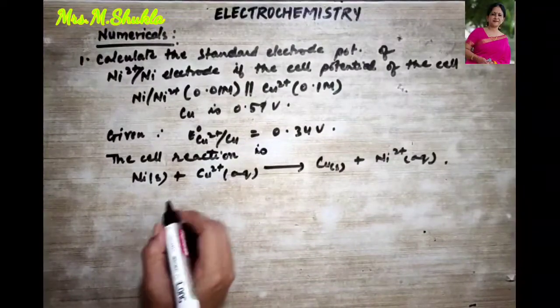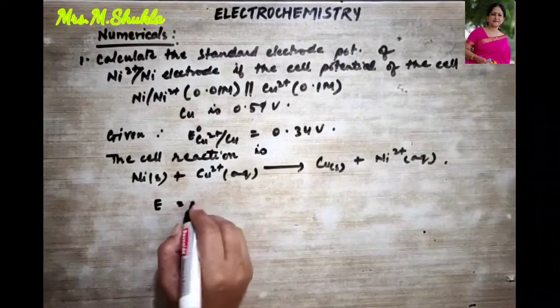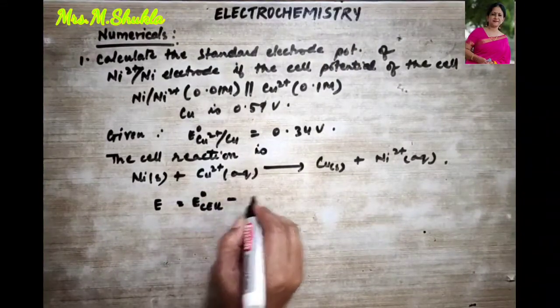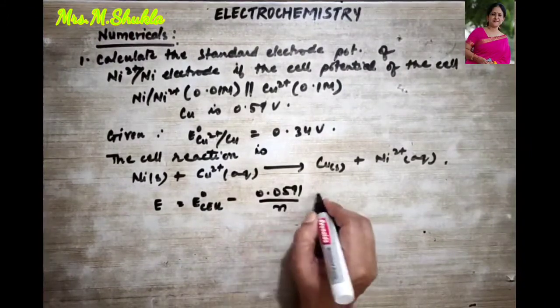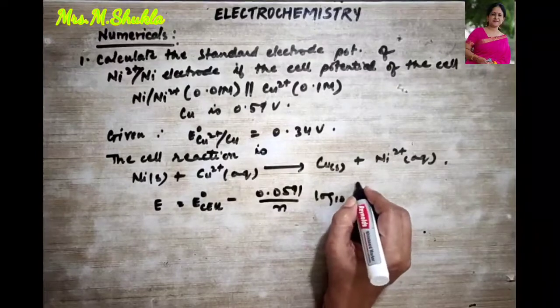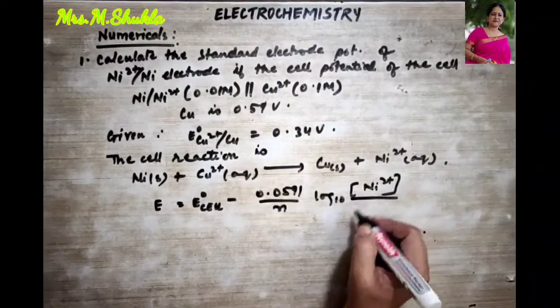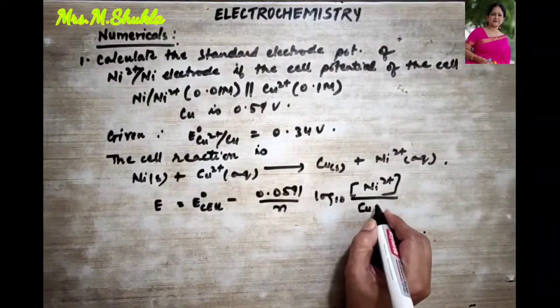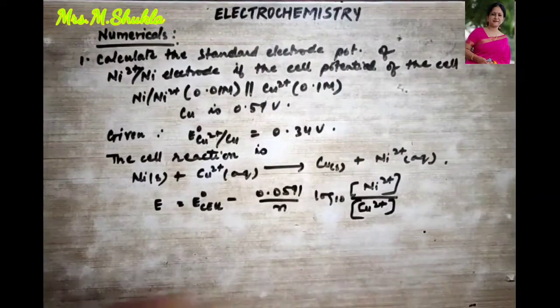So now let's use the equation. E is equal to the standard electrode potential minus 0.0591 upon N log 10 of nickel ion upon the reactant, that is copper ion, right?